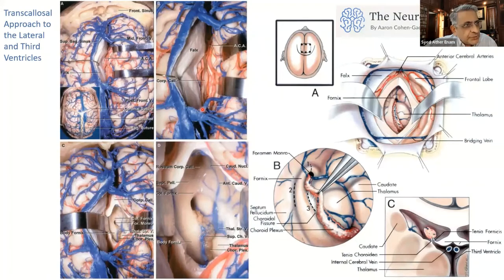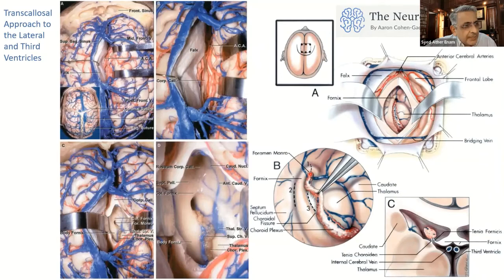Okay, so whether you get to this lateral ventricle through the interhemispheric approach, or through the transcortical transventricular approach, you will get to this. You will see the thalamostriate vein between the caudate and the thalamus, and you will see this choroid plexus, and the choroid plexus always orients you.